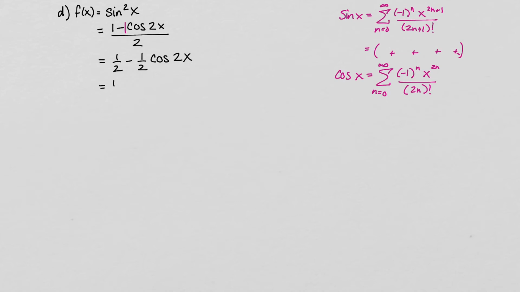So this is going to be 1/2 minus 1/2 times the summation n equals 0 to infinity, negative 1 to the n, x to the 2n over 2n factorial.